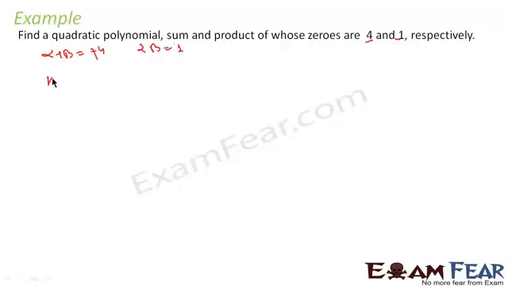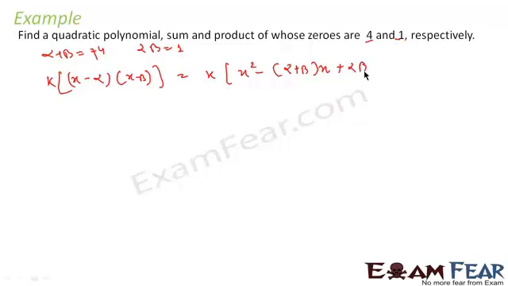We know that the quadratic polynomial formula is k into x minus alpha into x minus beta, or actually we can write this as nothing but k into x square minus alpha plus beta x plus alpha beta. This is the general form of equation where we know alpha plus beta and we know alpha beta.